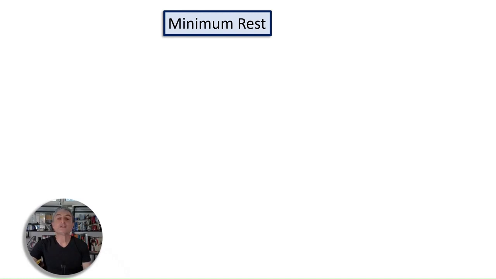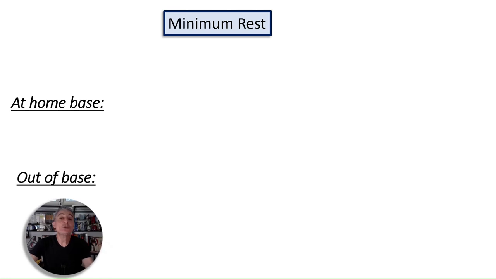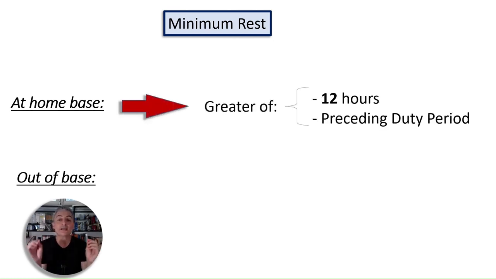Now, the problem is to identify which is the minimum rest that legally a crew must have before taking another set of flights. We have two cases: if we are at home base or if we are operating out of our base. If it's at home base, the minimum rest is the greater of 12 hours or the preceding duty period if it was longer than 12 hours.